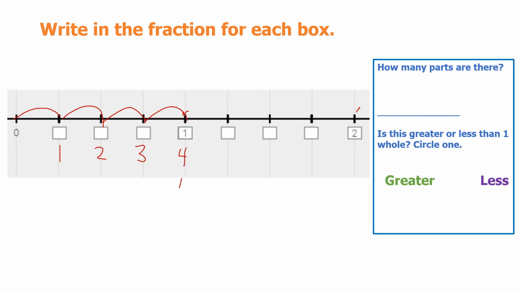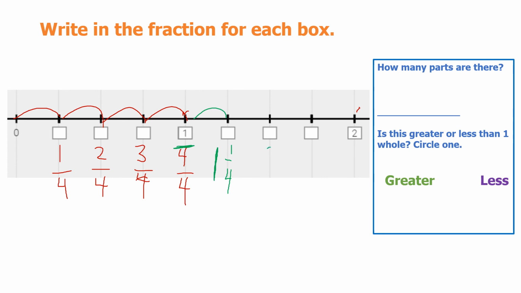Now I know that 4/4 make 1 whole. So I go backwards and I say 3/4, and this is 2/4, and this is 1/4. Now, this next line that I have gets to be something kind of cool. This is also going to be 1/4, but it's something different. It is actually 1 and 1/4, because we've already been past the 1.